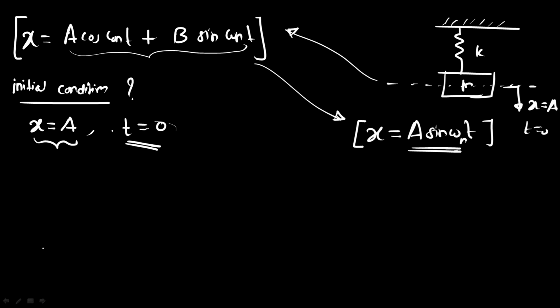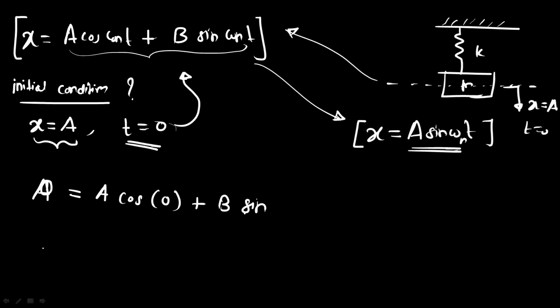Initially we have given the displacement as a positive A, or plus A. For this condition, put this value in this equation. So x is plus A. This is A cos omega n t, where time is 0 so the complete value is 0, plus B sine, where this value is 0.